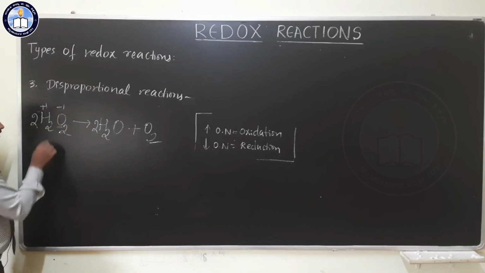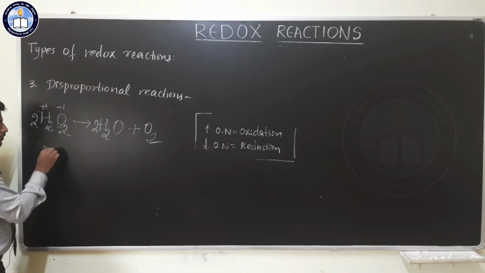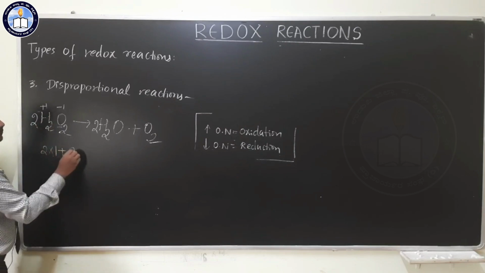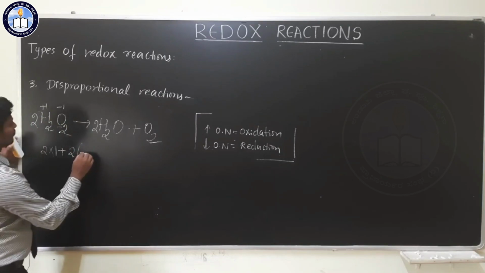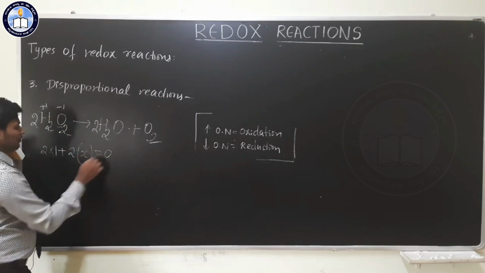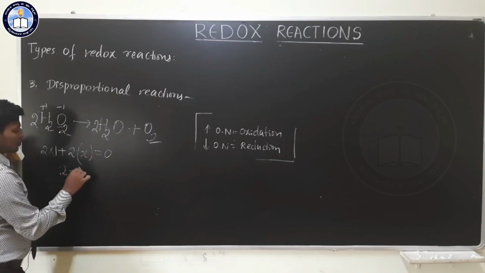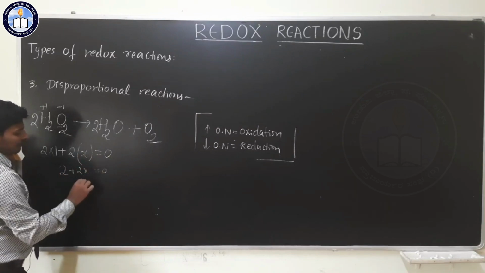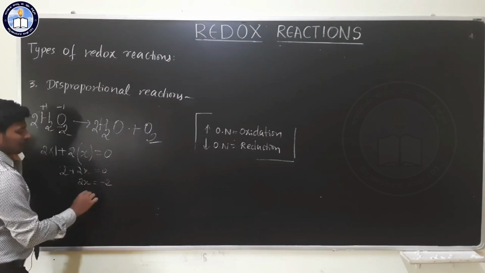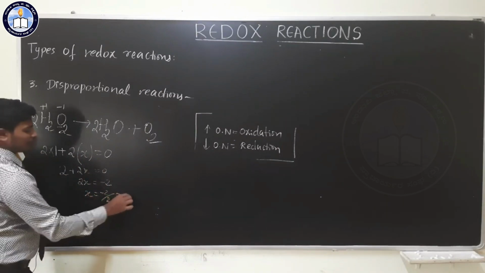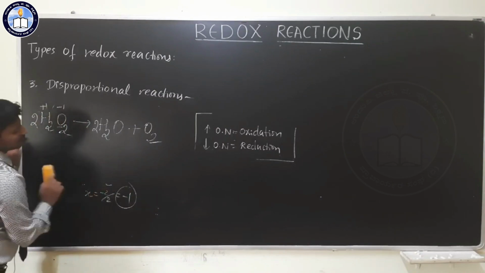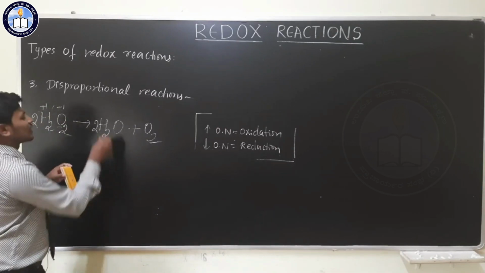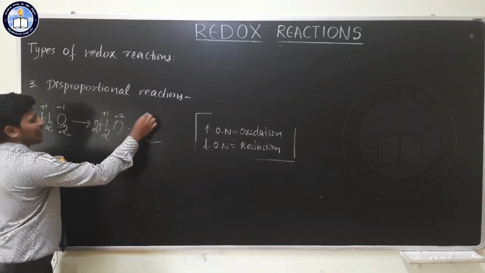There are 2 hydrogen atoms, so 2 times the value of hydrogen, 1, plus 2 times the oxygen value, which we don't know, say x, equals 0. So 2 plus 2x equals 0, 2x equals -2, x equals -2 by 2, which is -1. So this is -1. In the products, it is +1, -2, and here 0.